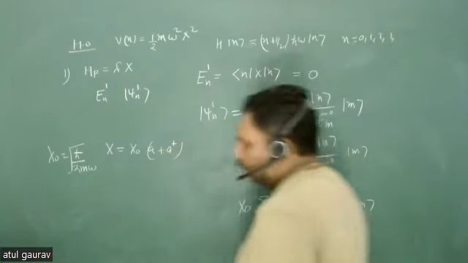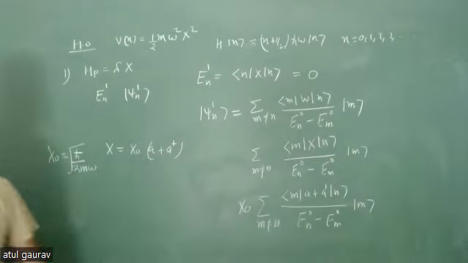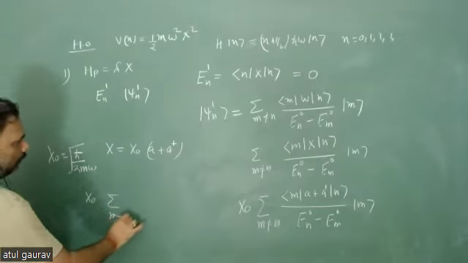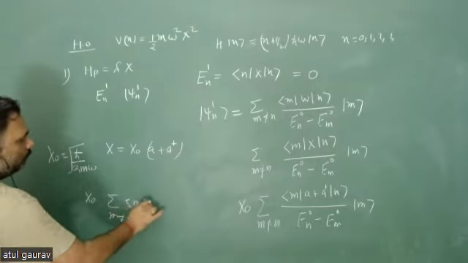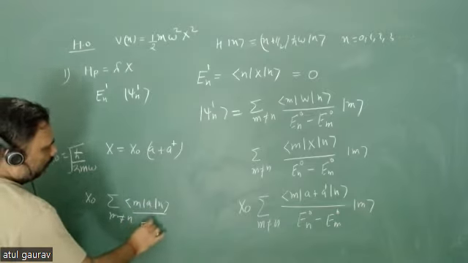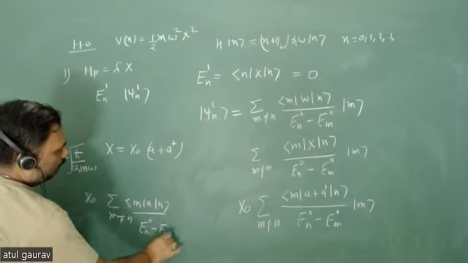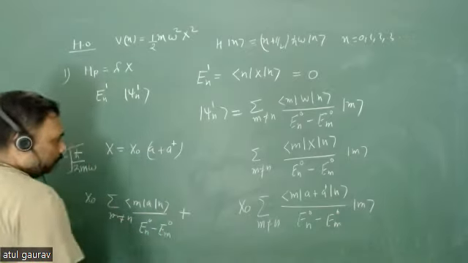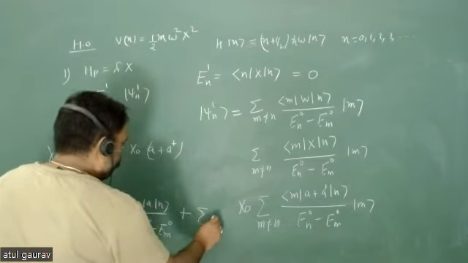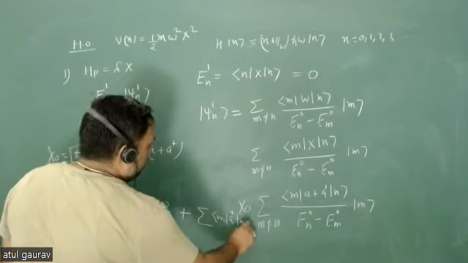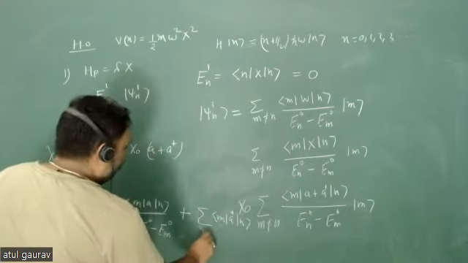Now we will take two things separately. So we have two summations. One is x naught and summation over m not equal to n, <m|a|n>, and this value is divided by E_n^0 minus E_m^0, plus what is this value? <m|a dagger|n>, and what is this value?